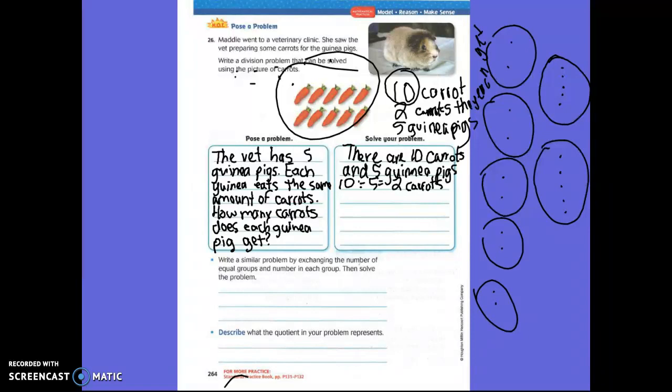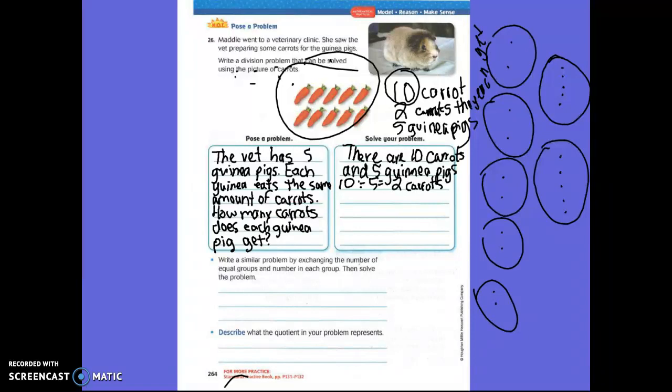Okay? So what should the question be if 5 is the answer? And what is 5 in our problem? How many guinea pigs? So what should the question be? How many guinea pigs? So how can we make a problem that at the end it asks for how many guinea pigs? At the end of the problem, it has to ask how many guinea pigs.